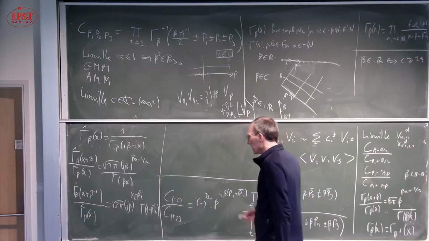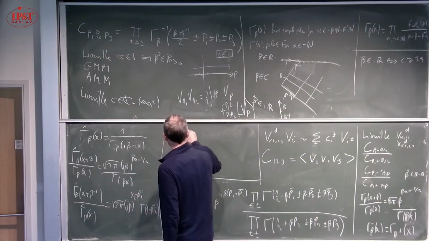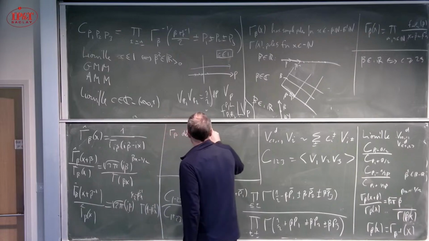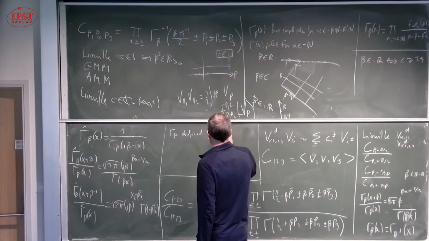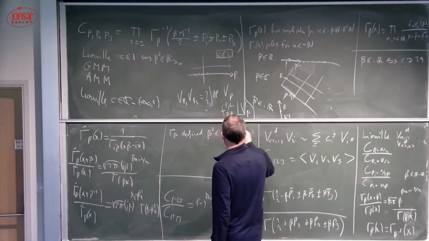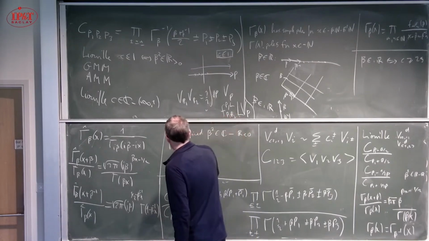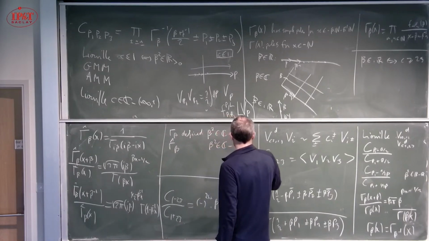So this function gamma hat. Gamma_beta, if you remember, was defined for beta squared any complex number which is not real negative, and gamma hat_beta for any complex number which is not real positive.